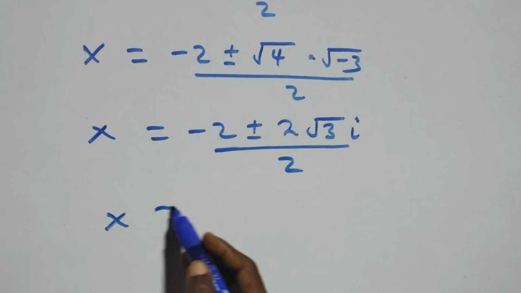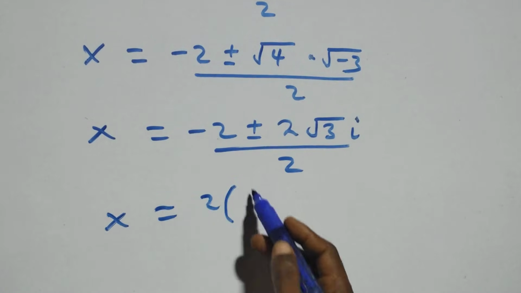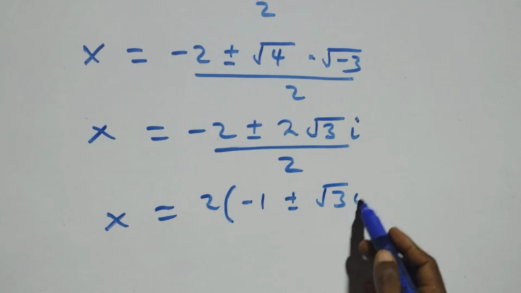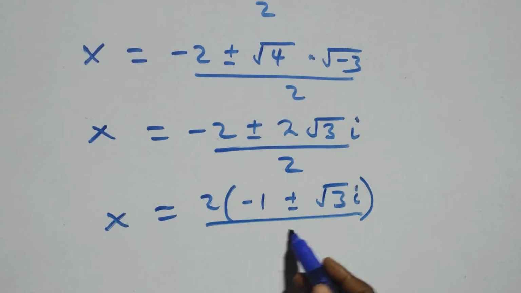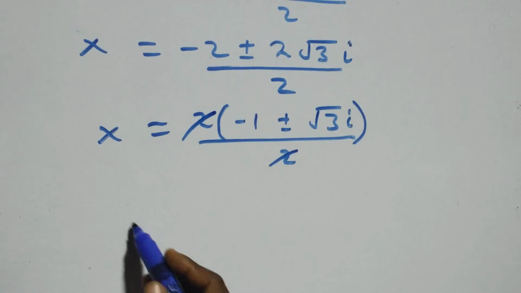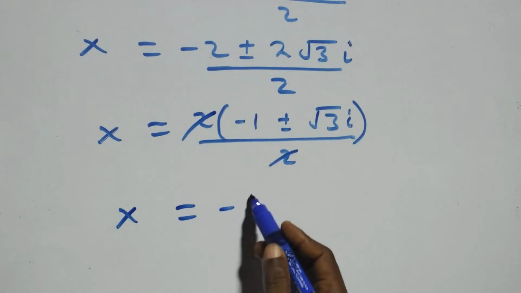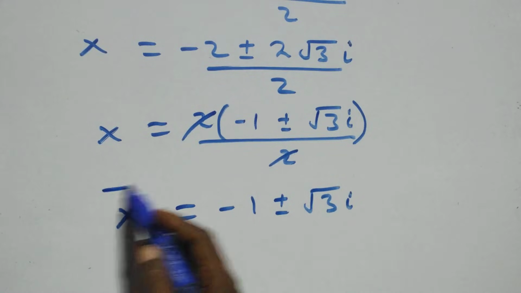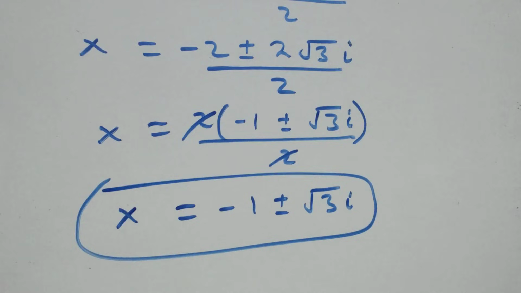We have x now equals 2 into bracket, minus 1 plus or minus root 3i left here, then over 2. Here, 2 cancel each other. This becomes x equals minus 1 plus or minus root 3i. That is, we have two complex solutions as well.